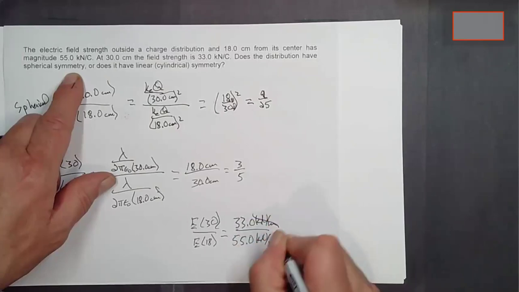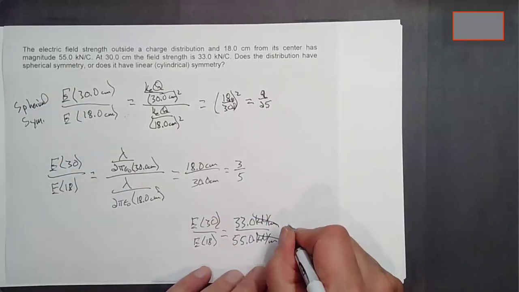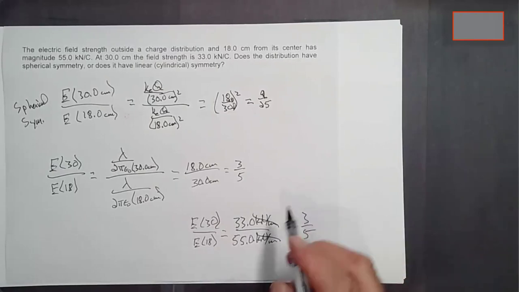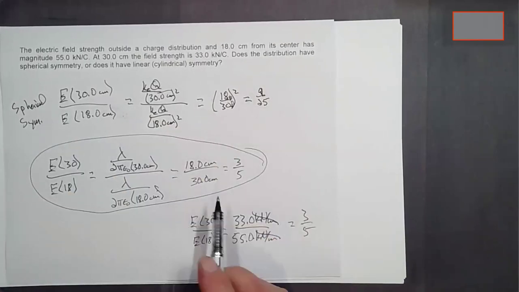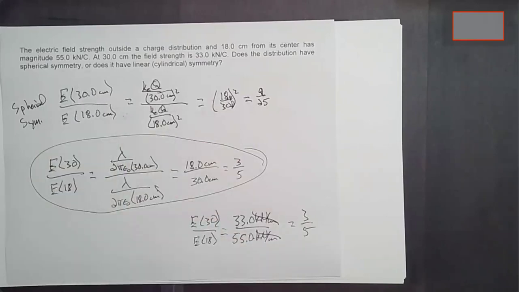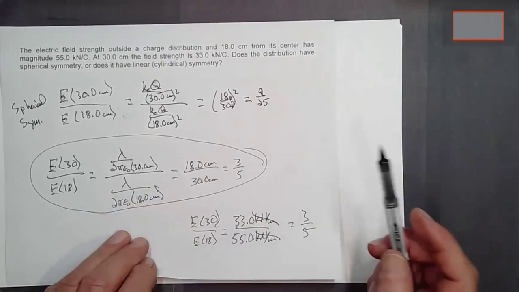The kilonewtons per coulomb divide out, and I've got 33/55, which is 3/5 to 3 significant figures. And so we have linear cylindrical symmetry for this charge distribution that we didn't know what it was.